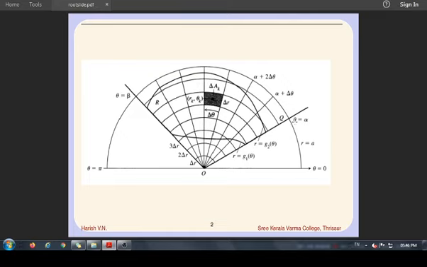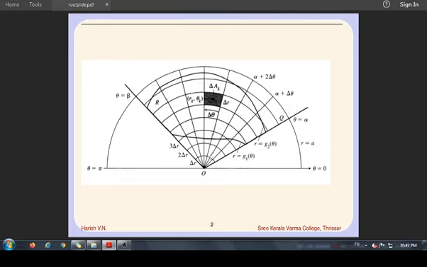Then you can have beta minus alpha divided by m, the number of such rays theta equal to constants you can draw inside this region. Okay, so if this is alpha, then this angle is theta equal to alpha plus delta theta.